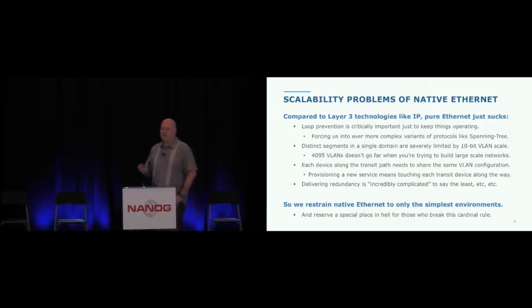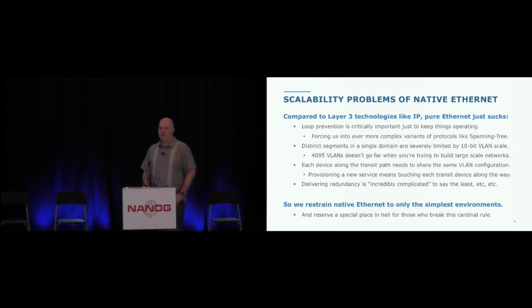Even with VLAN technology, you have very limited scale. You've only got 12 bits to work with in VLAN scale, so 4,095 VLANs really doesn't go very far when you're talking about building any kind of large-scale network. And if you were to build something in pure native Ethernet, you would have to update every device in the transit path.